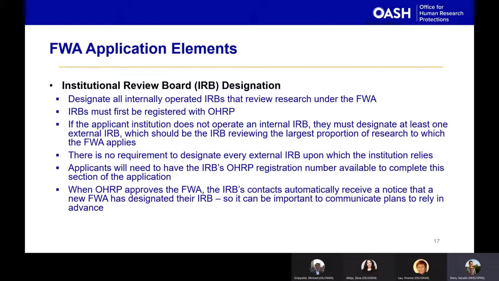To designate an IRB, you must have the IRB's OHRP registration number available, which means that the IRB must be registered first. Whether or not an IRB is designated on an FWA, if the IRB is reviewing HHS-supported research, it must be registered in accordance with Subpart E of the Common Rule. For now, institutions need to complete this section of the FWA application to move forward, even if their research is subject only to the 2018 requirements.